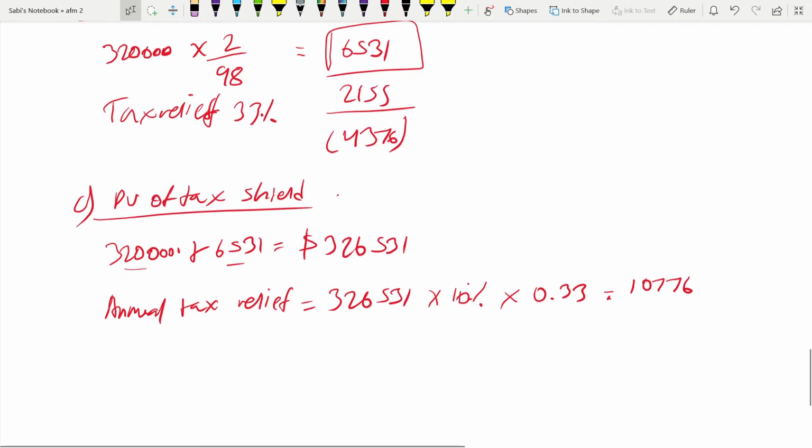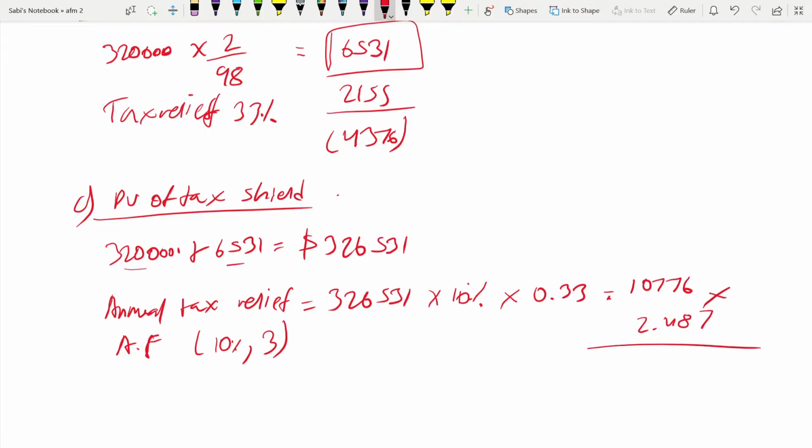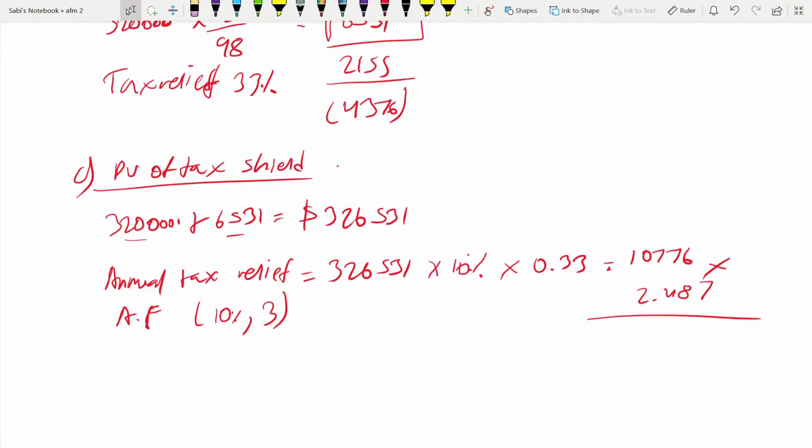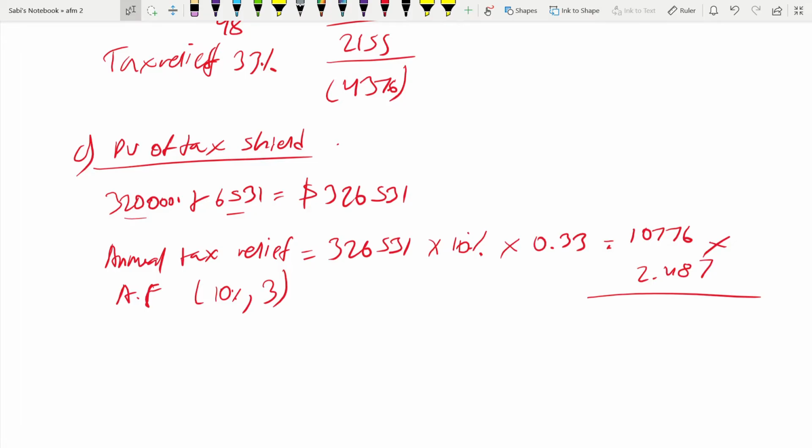You need to multiply this with the annuity factor. Annuity factor for what? 10% for 3 years, which will be 2.487. Multiply, because every year you are getting it, no? 26,800. This is the present value of tax shield.